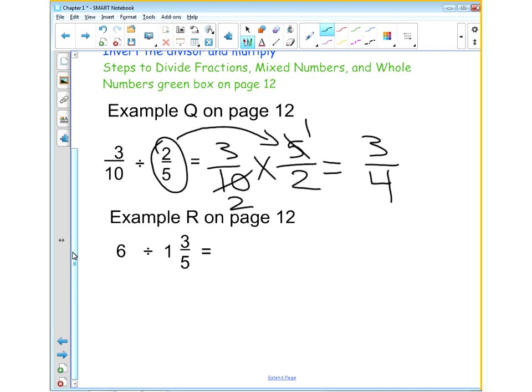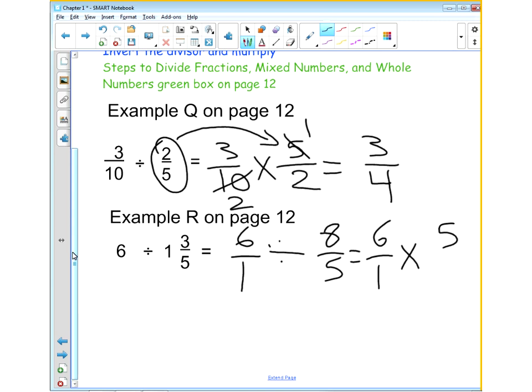All right, example R on page 12. 6 divided by 1 3/5. All right, so 6 is 6 over 1. And first I want to convert this, so let me still leave it as division. So 1 times 5 is 5, plus 3 is 8. So 8/5. It's going to equal 6 over 1 times 5 over 8. I flip the pair. And I can divide, 2 goes into 6 3 times. 2 goes into 8 4 times.